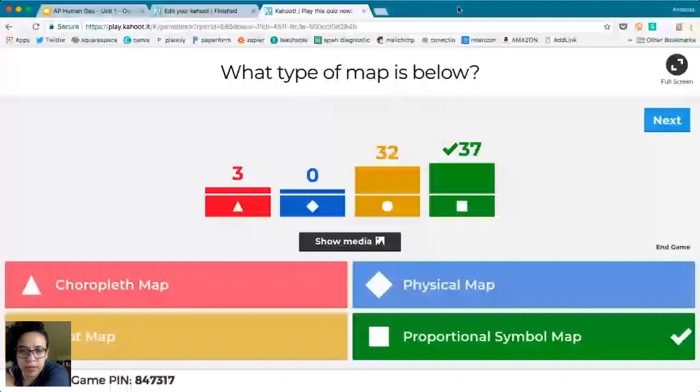All right, still got a first place. Which type of map is this one? This is an old one.